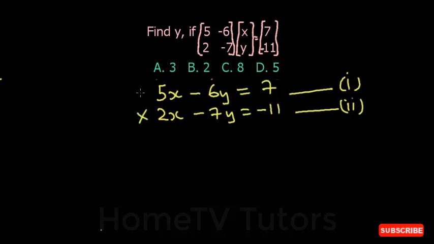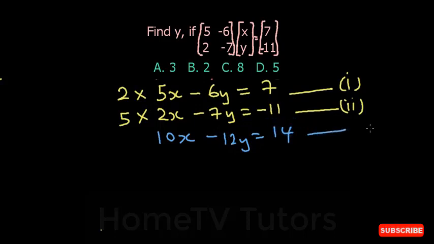So we have to multiply this by 2 and this by 5. 2 times 5x will give us 10x, minus 2 times 6y will give us 12y, which equals 2 times 7, which will give us 14. Let's call this equation 3.